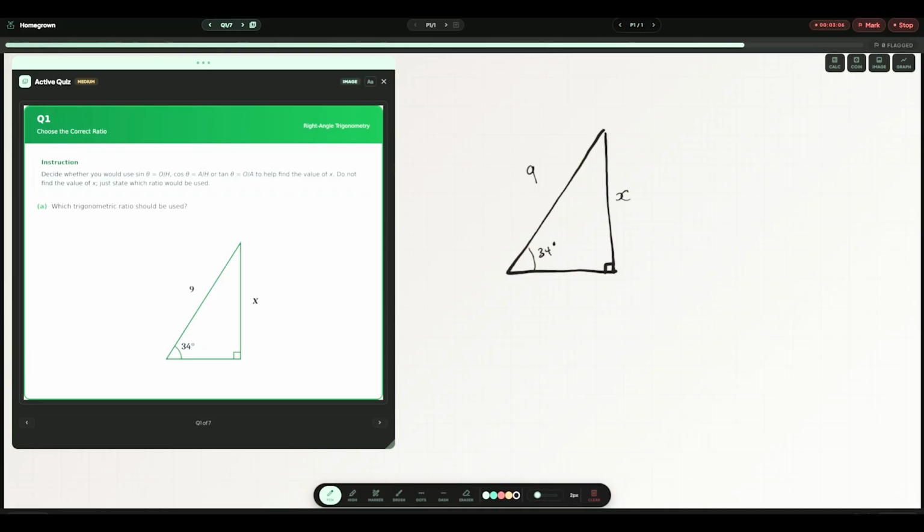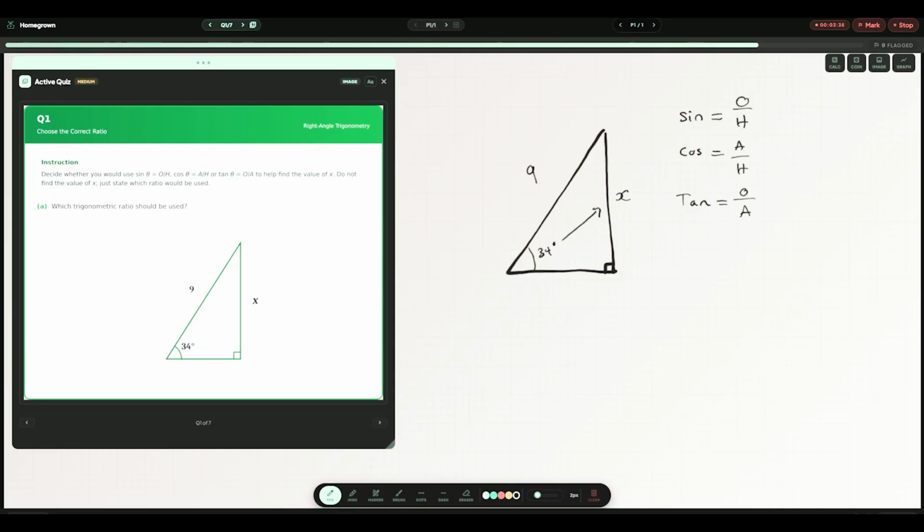The first thing you're doing when you're trying to determine which trigonometric ratio to use is really to list them out if you're just getting started. So sine is opposite over hypotenuse, cos is equal to adjacent over hypotenuse, and tan is equal to opposite over adjacent.